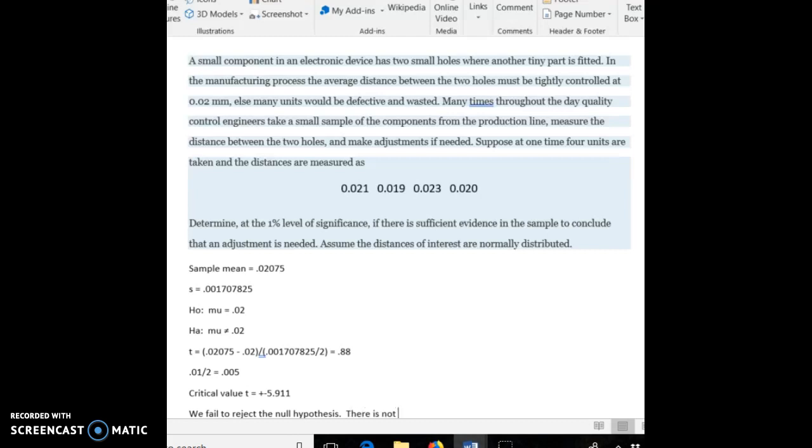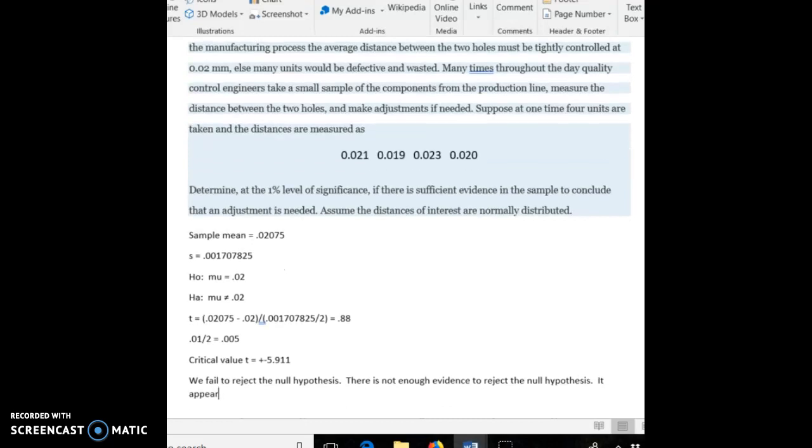There is not enough evidence to reject the null hypothesis. It appears that the machine is still correctly calibrated.